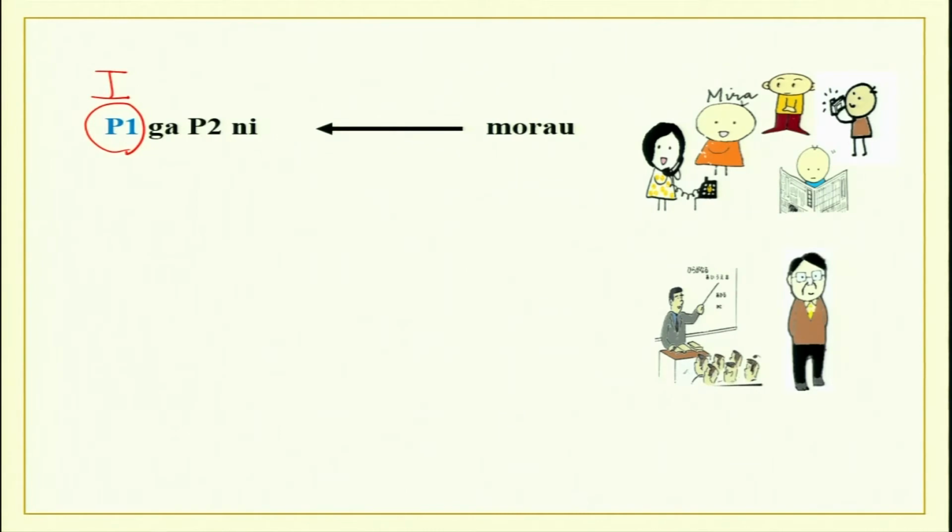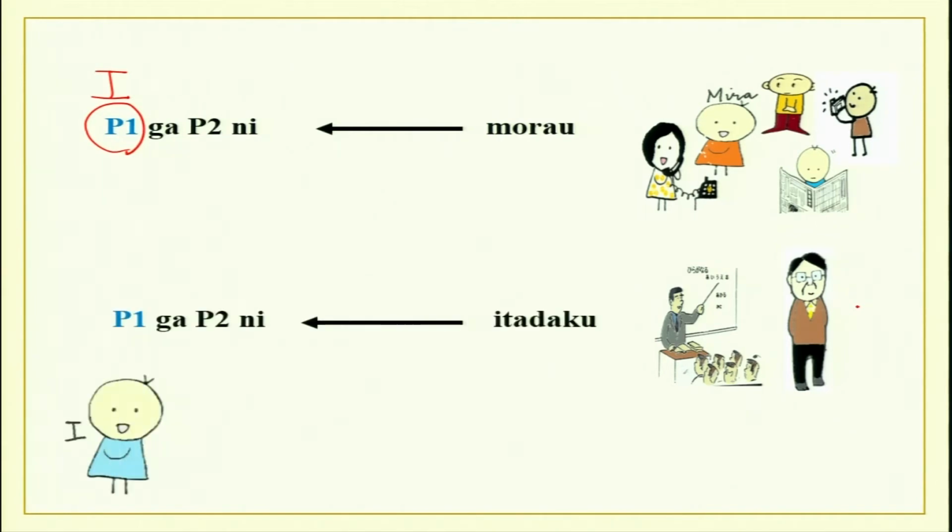This you have done. Now, if you are receiving it from your teacher or from someone who is older than you, then for respect you will say itadakimasu. Again, watashi wa. I have received from someone. So, your position is over here and the person you were receiving it from is over here, to show respect.